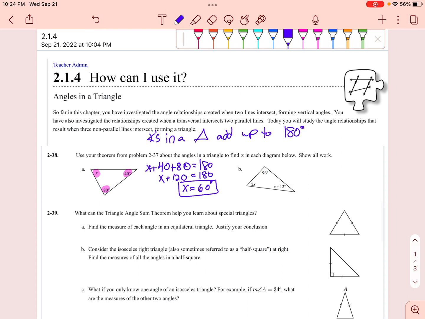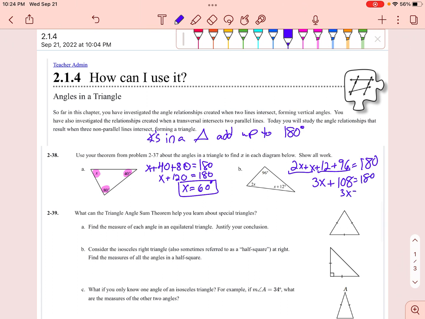I would do the same thing for b. Add all the angles up, so 2x plus x plus 12 plus 96, and again, that has to equal 180 degrees. Combine your like terms, so 3x plus 108 equals 180.